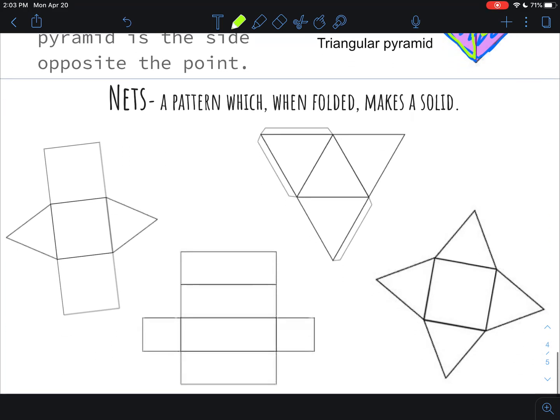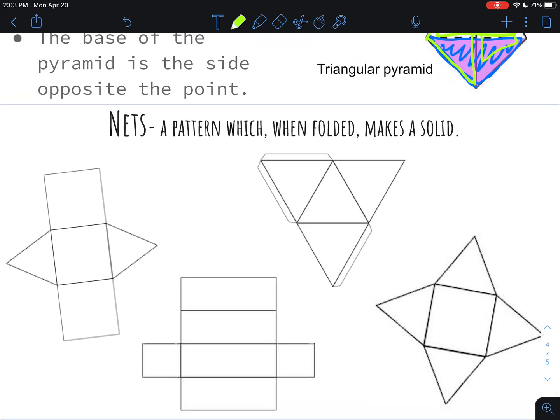So when it comes to identifying what polyhedron the net is, there's things that you need to think about. So the main thing that I think about is a rectangular prism. In rectangular prisms, all of the faces are rectangles. So that's obviously going to be this net right here, rectangular prism.